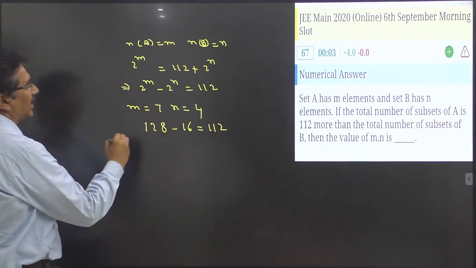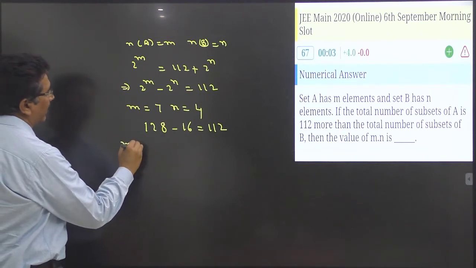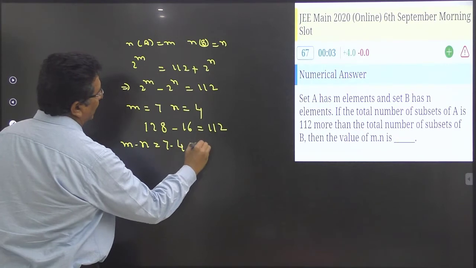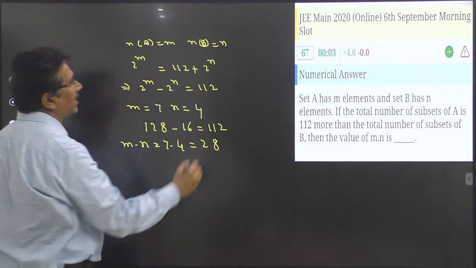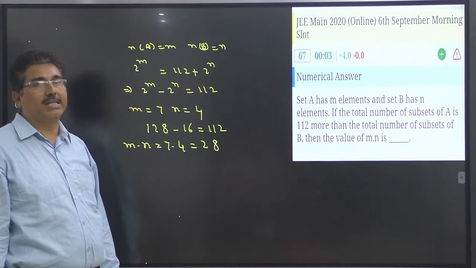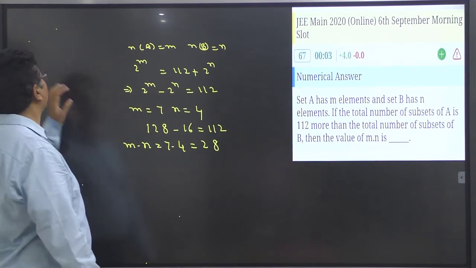Right, here we have to find m into n, that is equal to 7 into 4, that is equal to 28. Okay, right, now let us see next one.